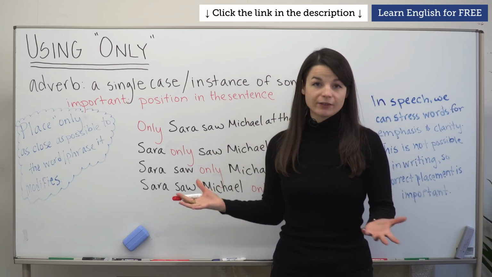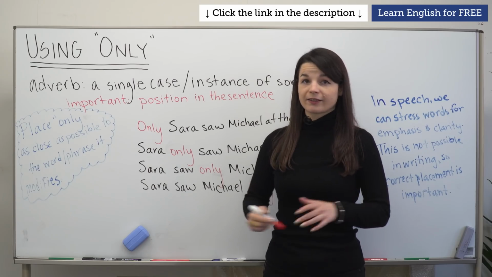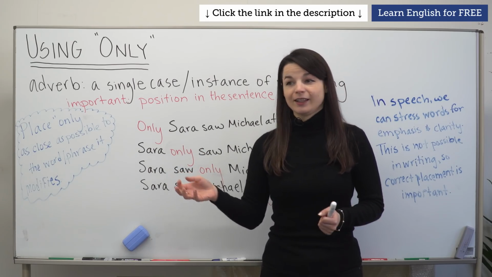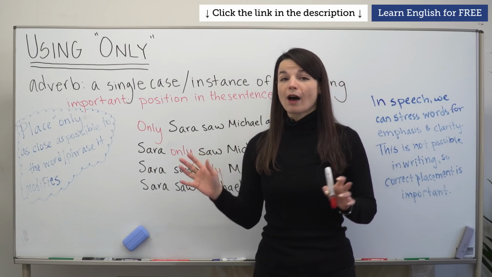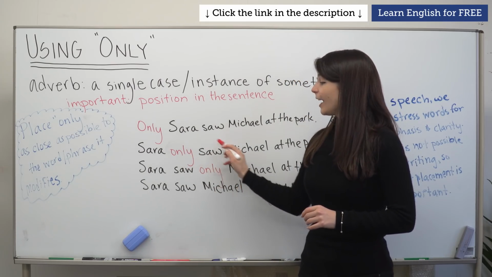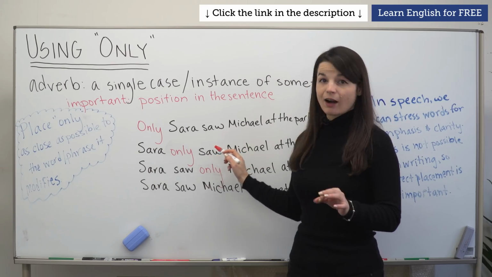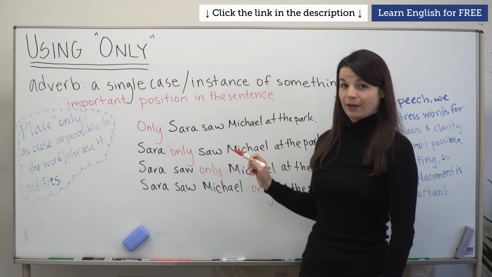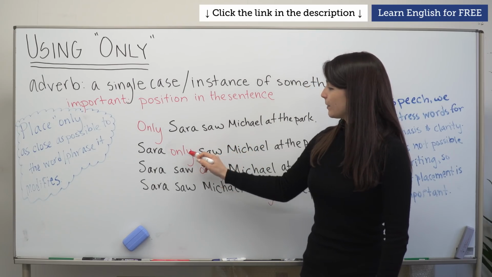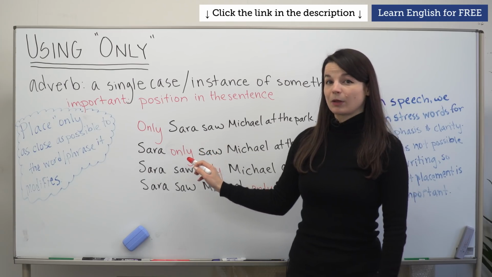Sarah did not wave to Michael. Sarah did not greet Michael. Sarah did not throw something at Michael. Whatever. There was no other action. The only action, the single action, the sole action was that she saw Michael. Sarah only saw Michael at the park. So the placement before the verb gives us this meaning.